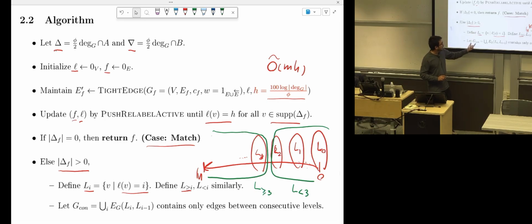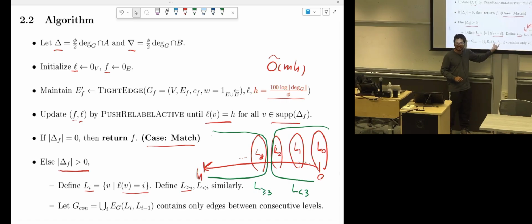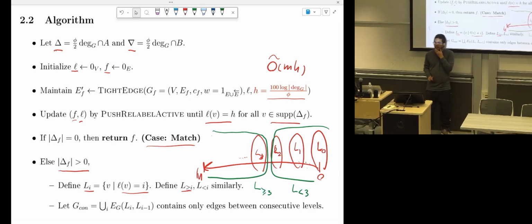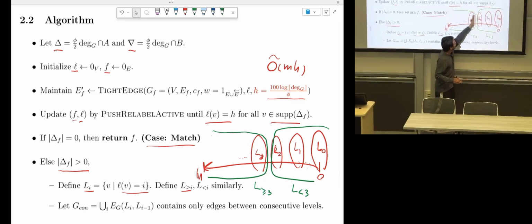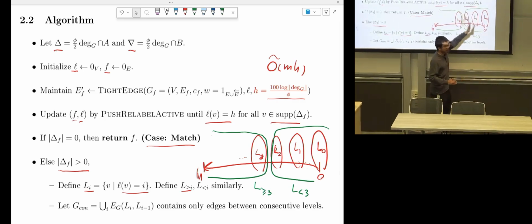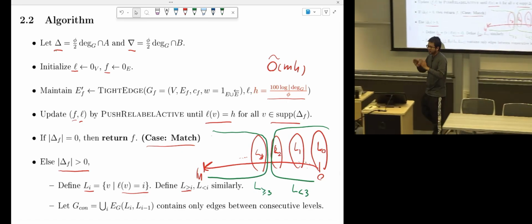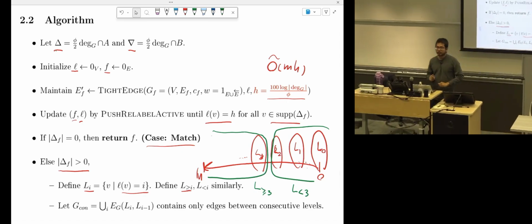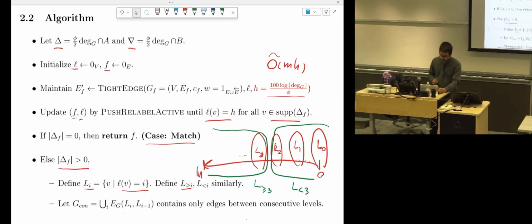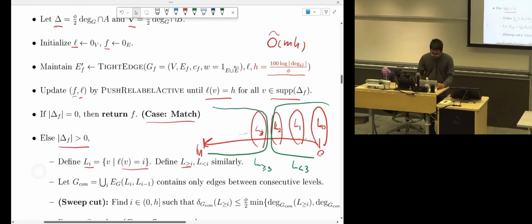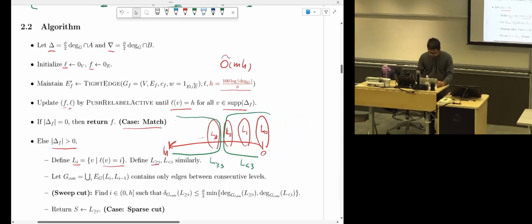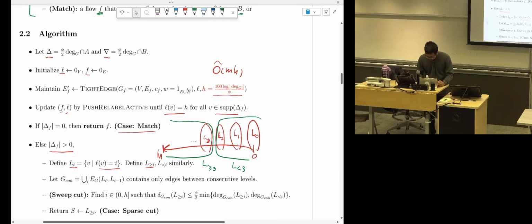And now I'm going to let G consecutive be the graph that only contains edges between consecutive layers. It's just a subgraph that only contains edges that connect consecutive layers. These edges don't skip layers. So we're going to have G-con.